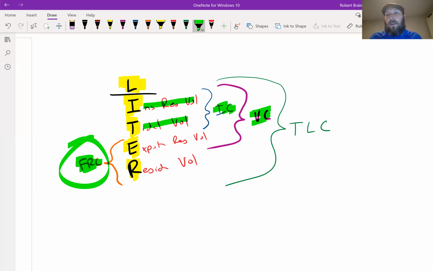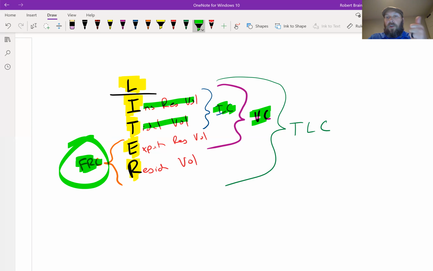Now, another way to look at functional residual capacity and why it's important is because remember that the lung has an inward recoil, the chest wall has an outward recoil, and those are opposing. Where those two are equal and opposite under normal conditions, that is FRC. Okay, so the lung wants to recoil inward, collapse in on itself due to two reasons, right?